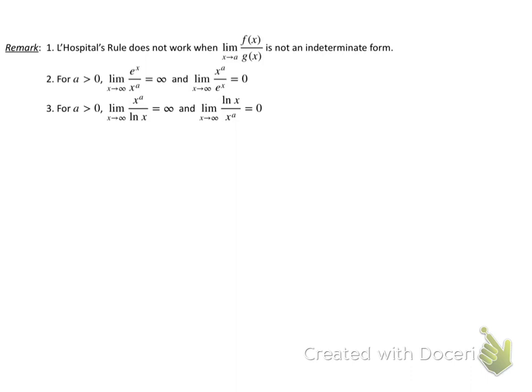But on the other hand, any power, no matter how small the real number is, as long as it's positive, still grows faster than log. So if you understand which one goes faster, you can save yourself some time on L'Hopital's rule and just say, okay, it's exponential over power, so it's infinity, or power over exponential, that's 0. Kind of a shortcut.